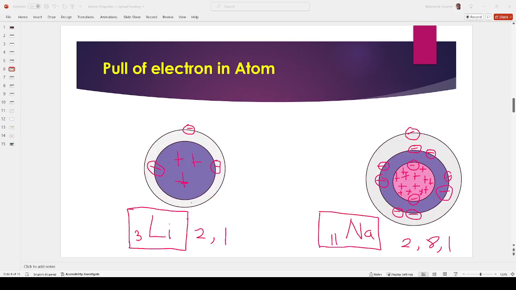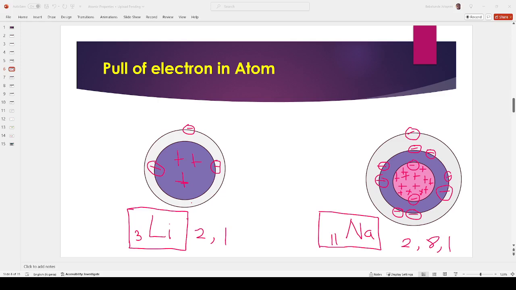Another example is the lithium atom and the sodium atom, which are members of the same group. Lithium atom has only two shells. The sodium atom has three shells. Don't forget that the nucleus of an atom is loaded with protons which are positively charged.